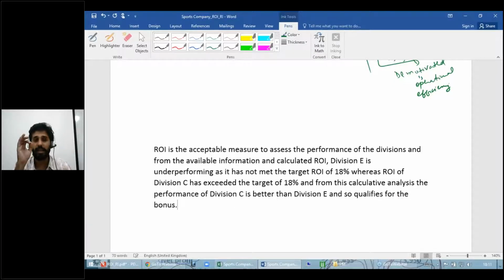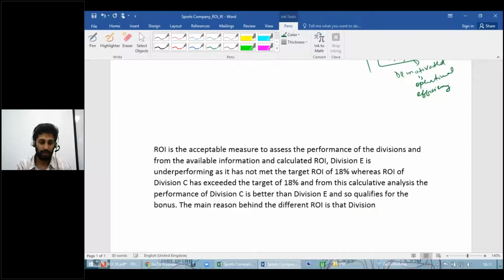My answer is incomplete because the question expressly says you must describe the reasons. The reasons I have noted above, I will have to translate into simple English. The main reason behind the different ROI is that division C has rejected the capital investment.